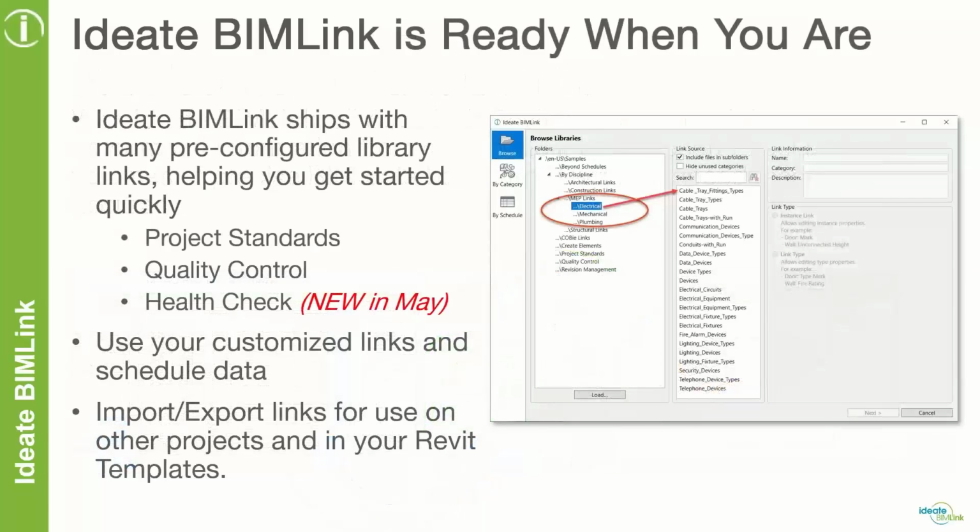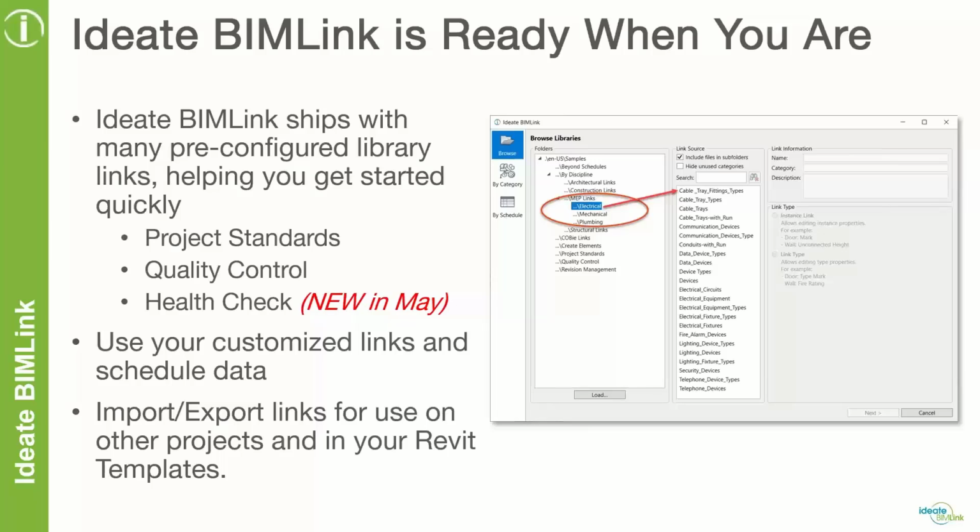So today, I'm really going to be focusing on all of the libraries that we include as part of Ideate BIM Link. And specifically, since we're talking about health check of your Revit model, we're going to be talking about project standards, quality control, and in May of this year, we introduced a folder called Health Check.